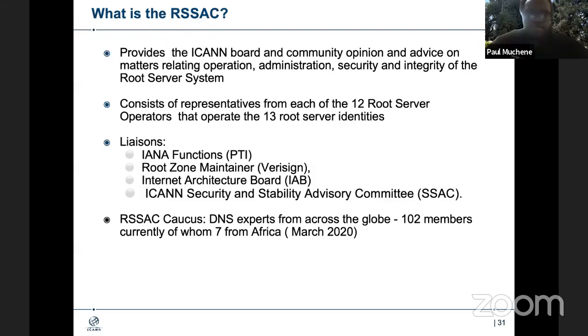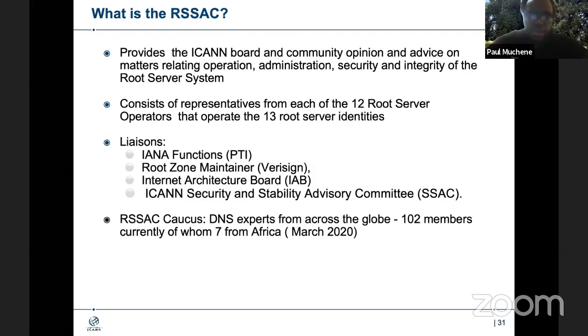The RSAC Caucus basically helps the RSAC, the root server operators, go through documents and look at issues that are important or that affect the root server system as a whole.